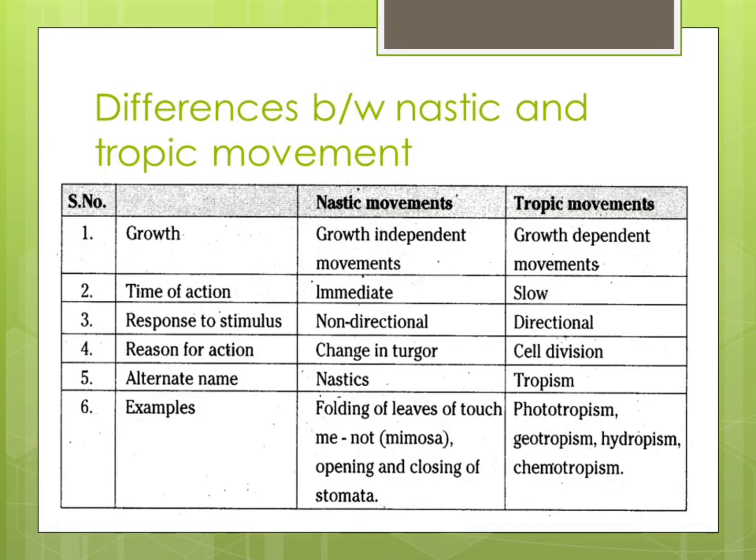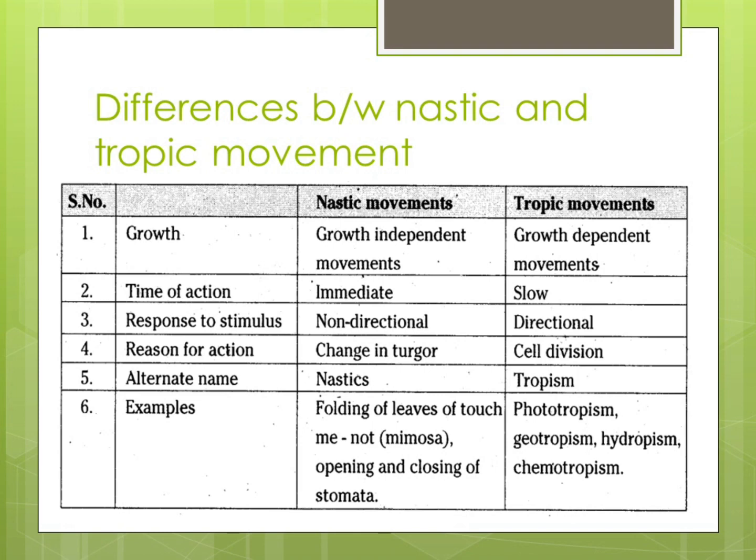Now let us study the differences between nastic and tropic movement. Nastic movements are growth independent movements and tropic movements are growth dependent movements. Nastic movements are immediate, that means they are fast, and tropic movements are slow. Nastic movements are non-directional, tropic movements are directional.